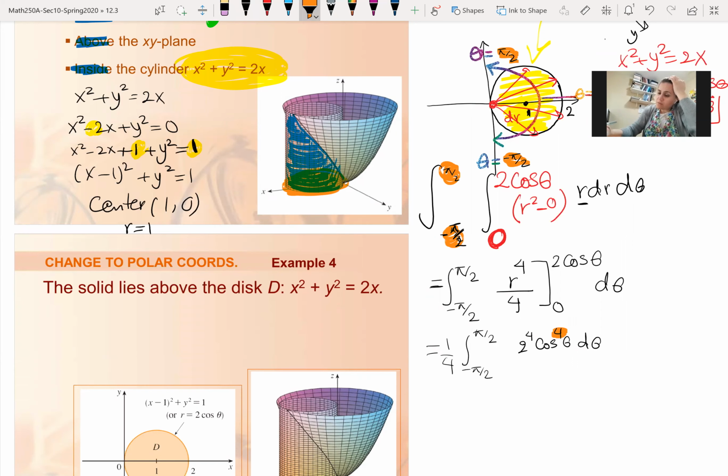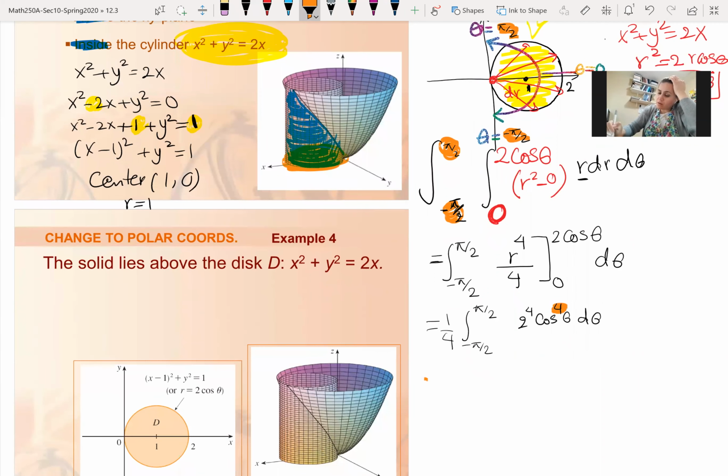This is one more time an even power. If it is even power, I have to go by cosine to the 4th. So one more time, cosine squared equals 1 plus cosine of twice the angle, divided by 2.